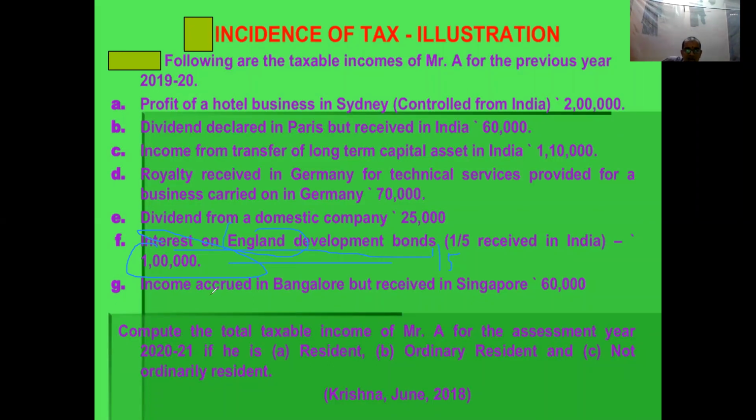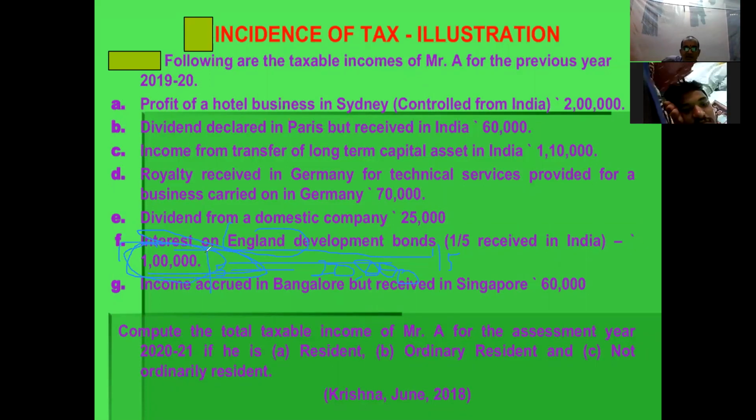One-fifth of 1 lakh is 20,000. You can calculate if you have any doubt. So of this 1 lakh rupees, 80,000 is foreign income and 20,000 is Indian income, because 20,000 is received in India and 80,000 is received abroad.